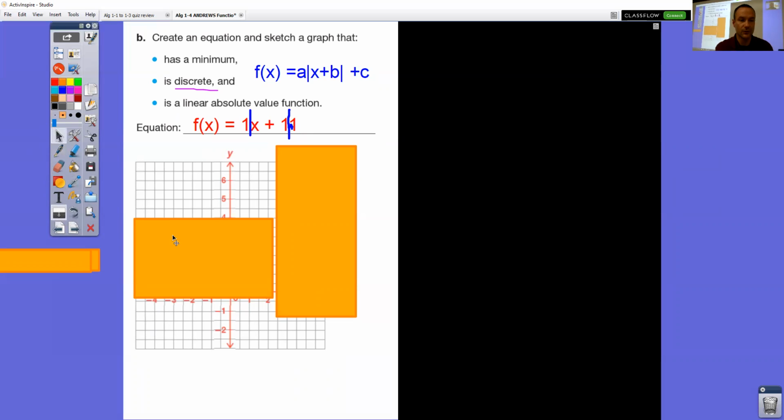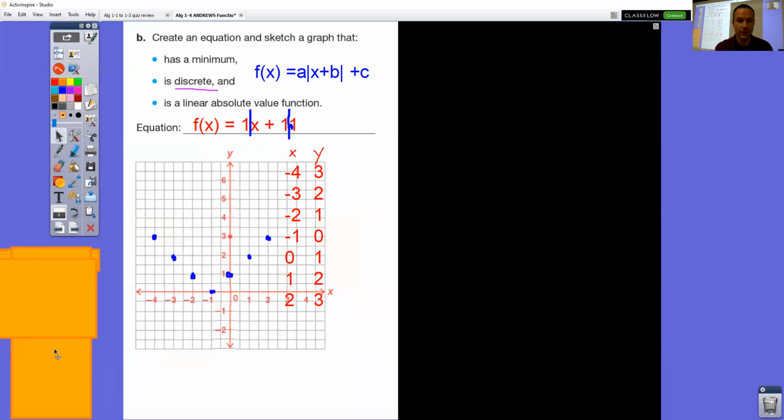So when I go to look at it, it would look like this. It's discrete. That's why we're not connecting the dots. I go to type it into my y equals. Remember, for absolute value, you have to hit second and 0 to access the catalog, and then it's ABS and parentheses. And inside those parentheses, because we have the x plus 1, we would put x plus 1.